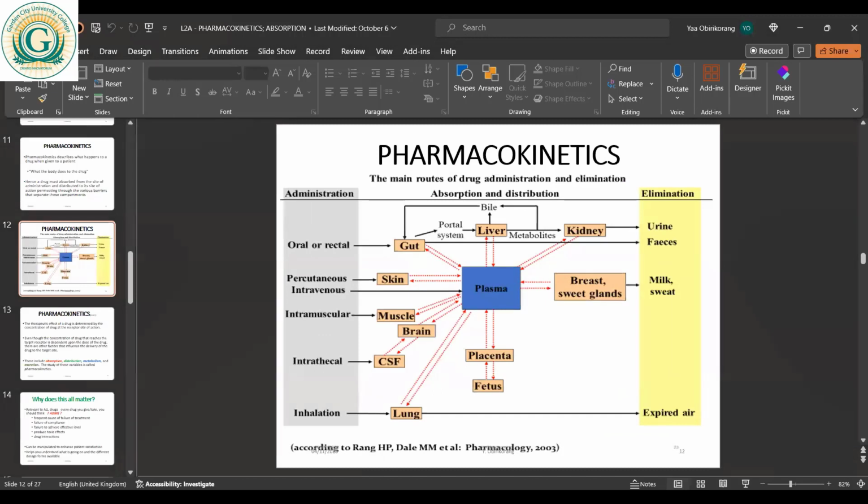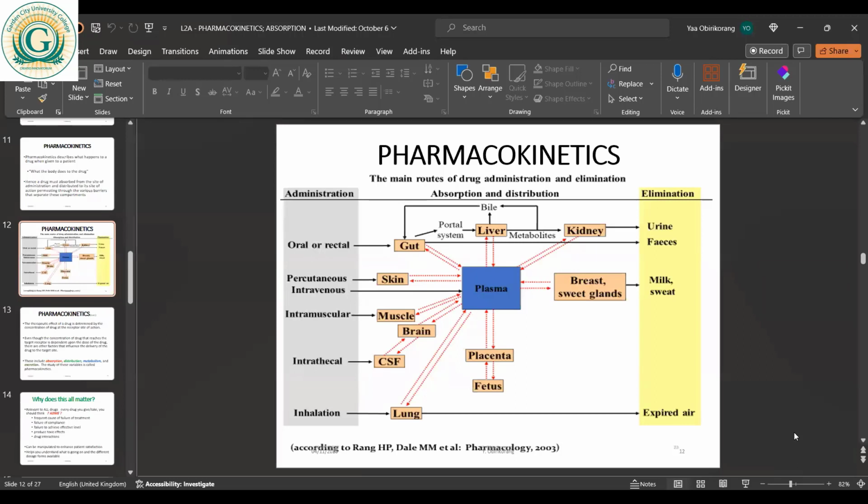So on this slide is a summary with a diagram trying to explain pharmacokinetics. We already know what pharmacokinetics is: what the body does to the drug, or the movement of the drug throughout the body.